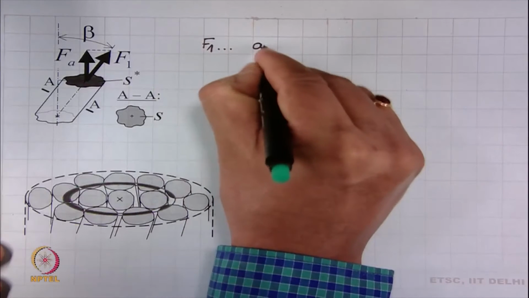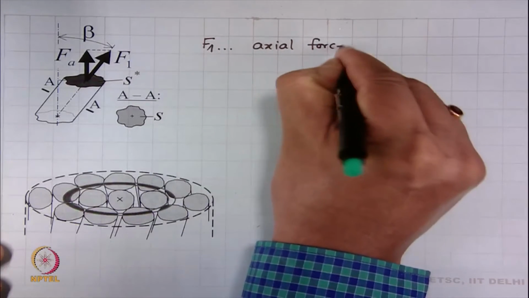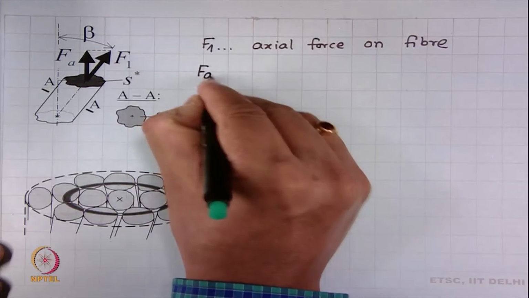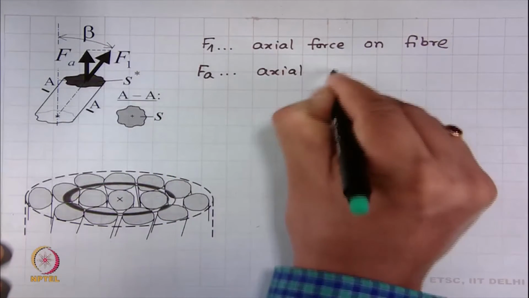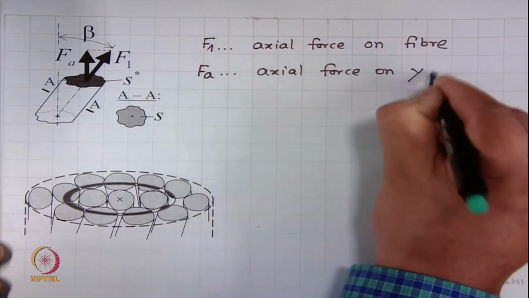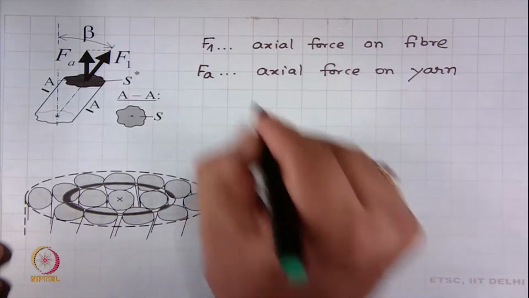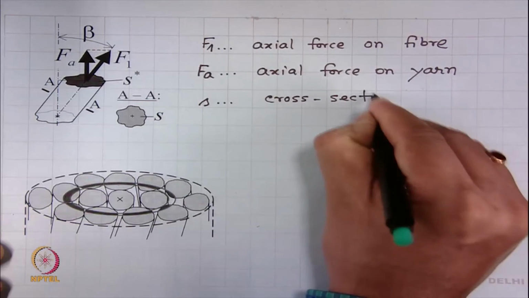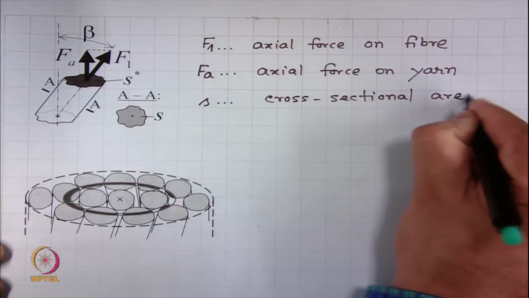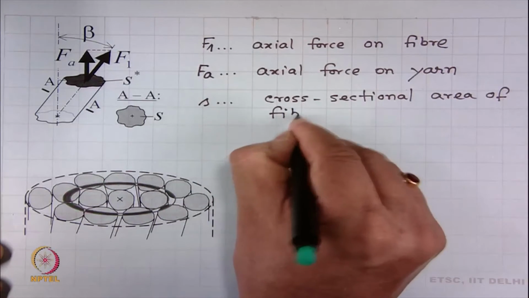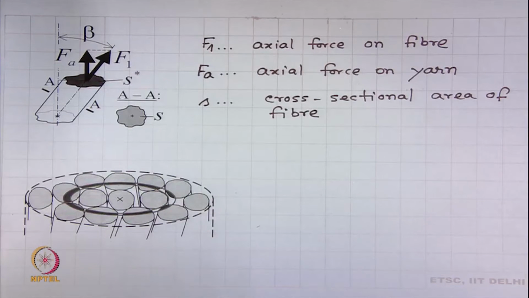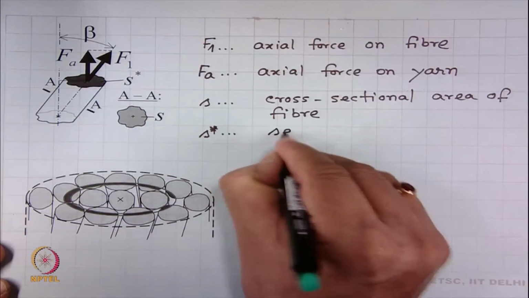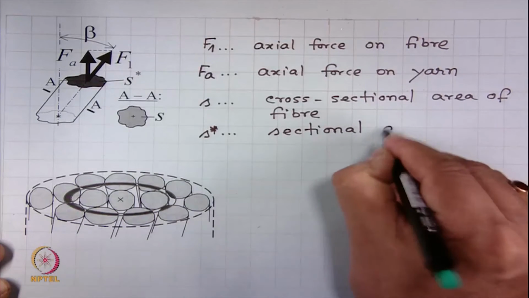F1 is the axial force on fiber, F subscript A is the axial force on yarn, small s is the cross sectional area of fiber, and S star is the sectional area of yarn.